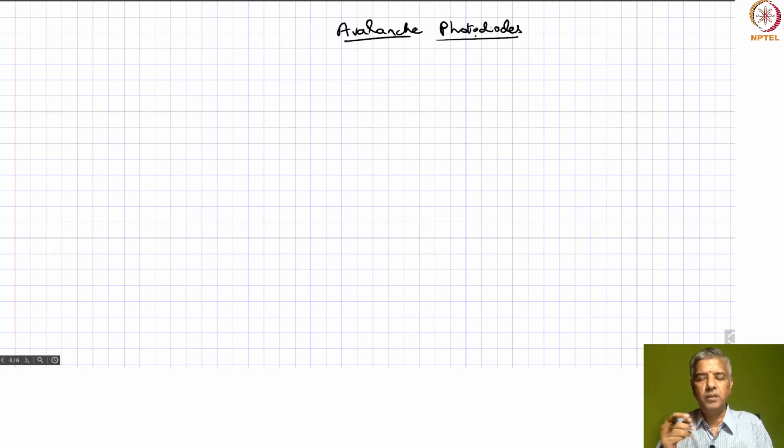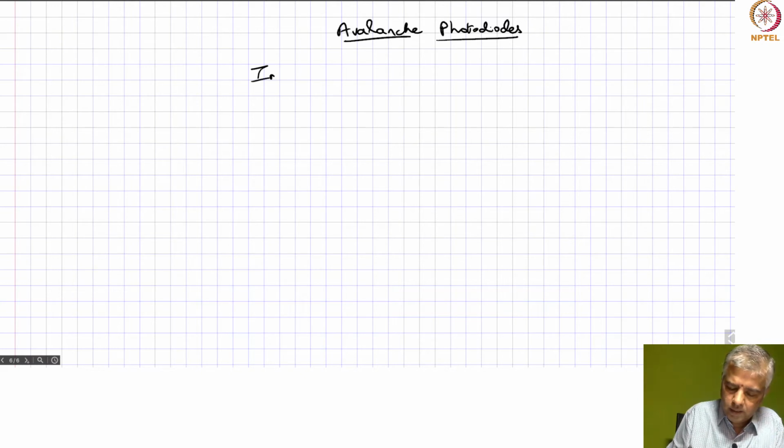Okay, so in this case, you can look at it as electrons going from the valence band to the conduction band. Once it gets knocked off from the atom, it goes into the conduction band. Whenever that happens, of course, it also leaves behind a hole. Okay, so you generate a secondary electron hole pair due to this primary electron that's traveling with very high velocity. Okay, so this process is what we call impact ionization.